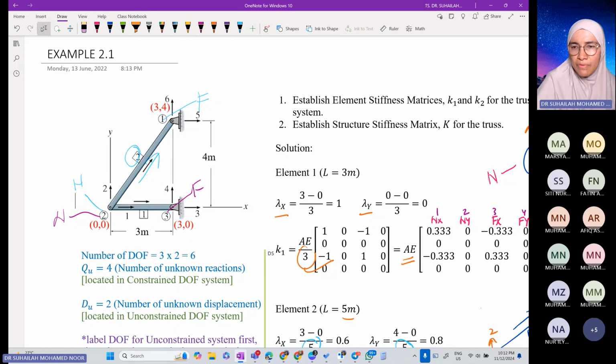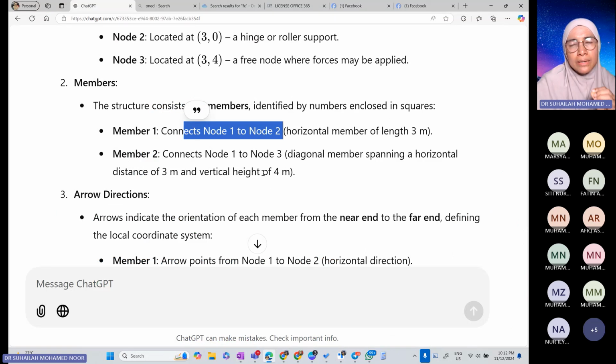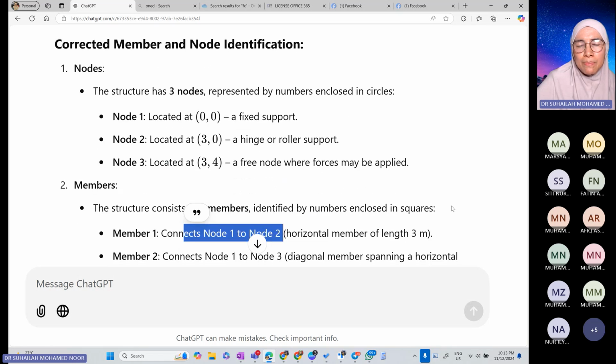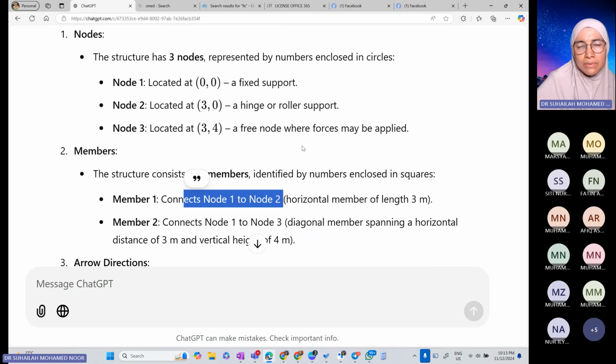Because we need to verify. Sama macam saya tunjuk tadi, kita boleh identify bila masa dia respon salah. Dia not 100% betul. Tapi most of the time 90% tu okay lah. Cuma dia akan ada 10% yang salah tu yang kita kena identify.